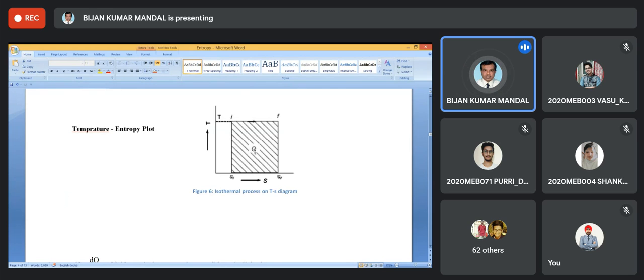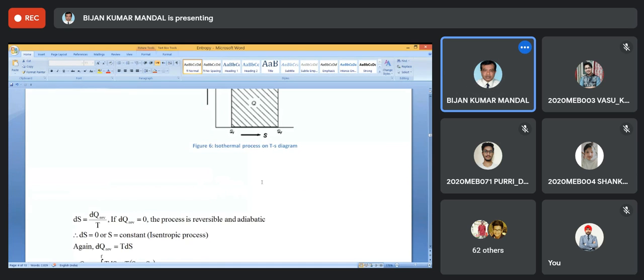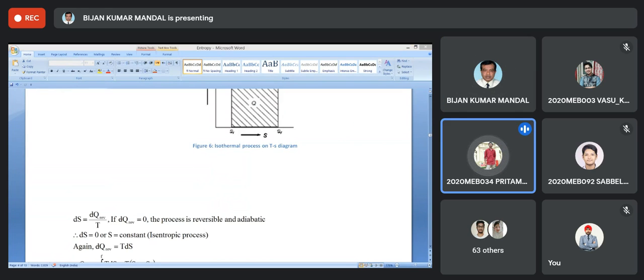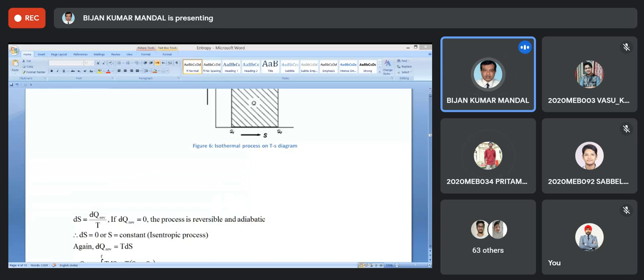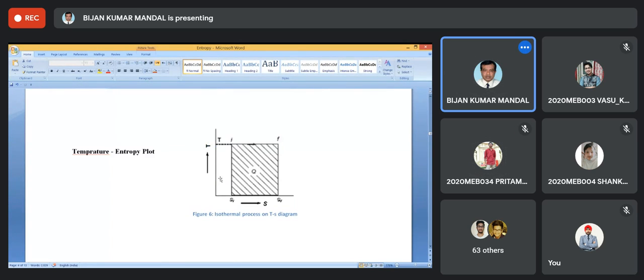So obviously Q is equal to T multiplied by SF minus Si, that is S final minus S initial. Integration of T dS, T comes out of the integration sign because T is constant. Therefore Q is T into SF minus Si, that is this area, which is the heat transfer during the process.